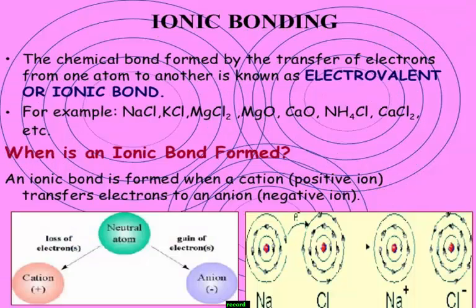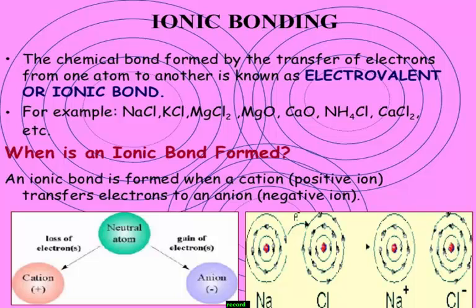Students, next very important concept, that is ionic bonding. Yes, what is ionic bonding, students? The chemical bond formed by the transfer of electrons from one atom to another is known as electrovalent or ionic bond. Remember, ionic bond is also called as electrovalent bond.